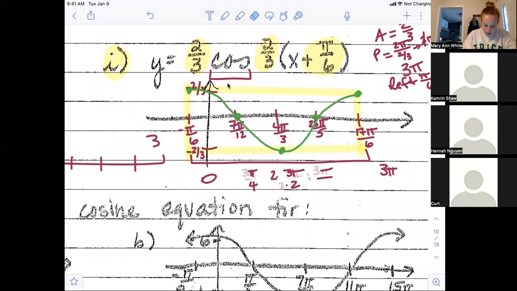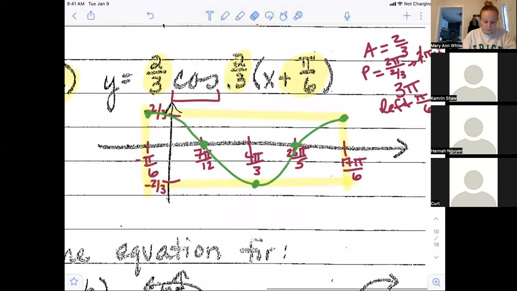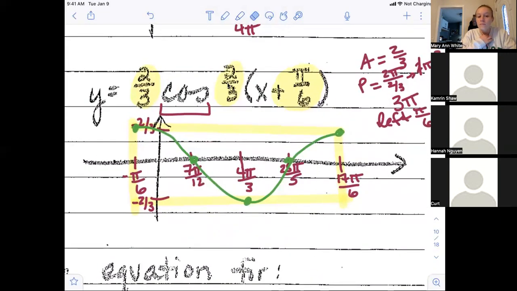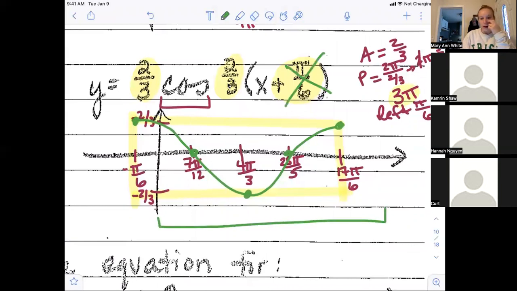Okay, any questions right now? So if it doesn't have anything with the C or the D, our points are pi over 2, pi, 3 pi over 2, and 2 pi, and we're just changing them. Yes. So what I'm thinking about is I have 3 pi as my period, which means that if I didn't have to move left pi over 6, I would just go from 0 to 3 pi.